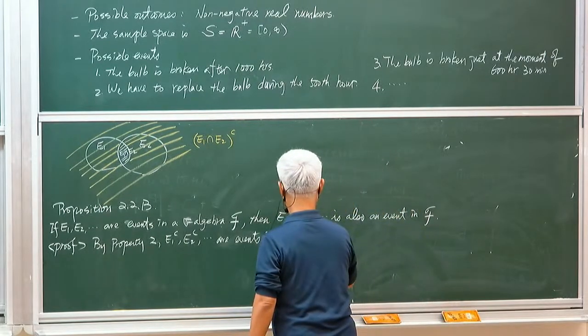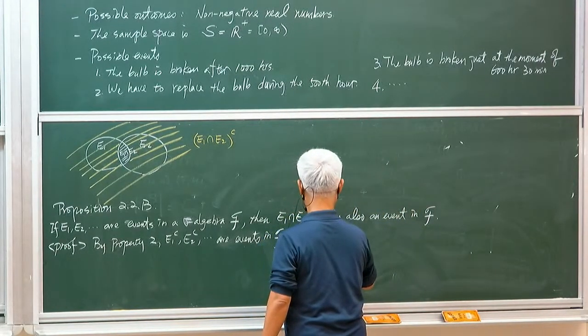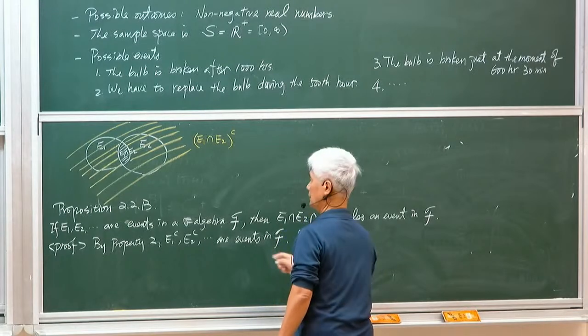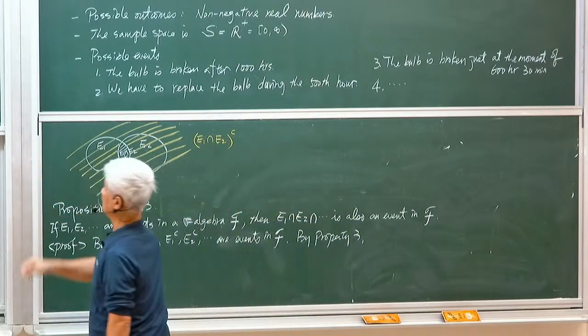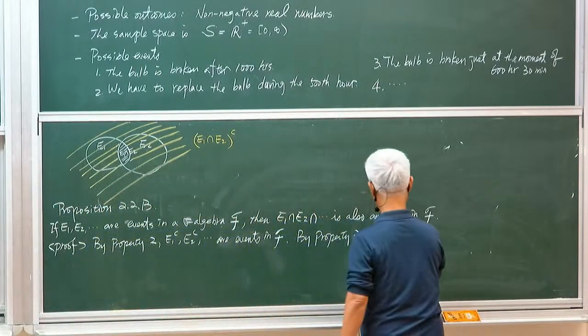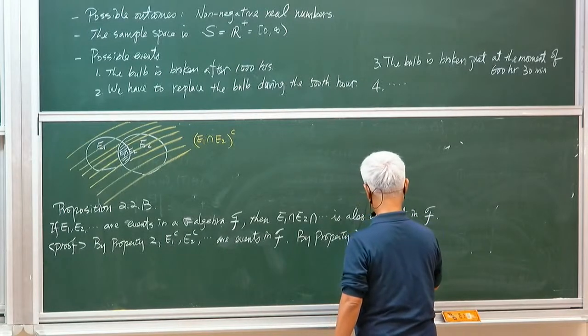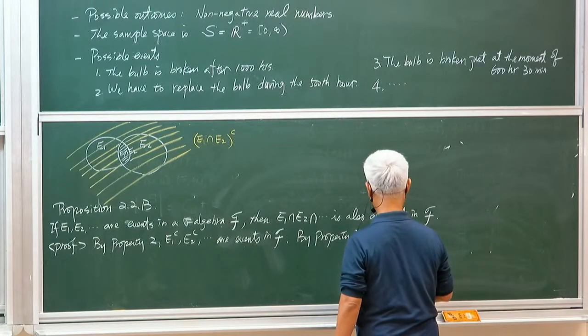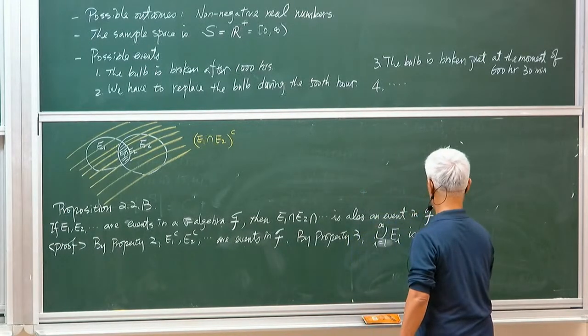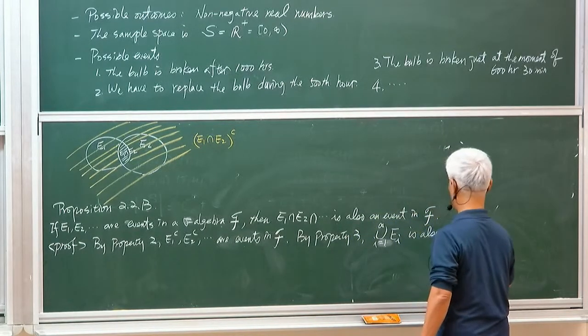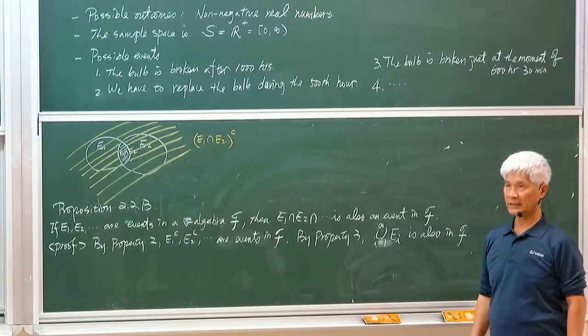Now, by property 3, their union is also in F. Is that correct?